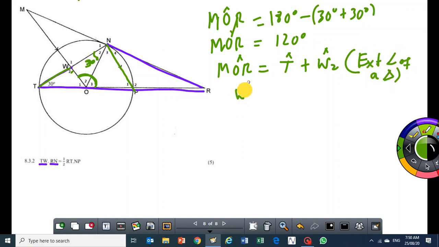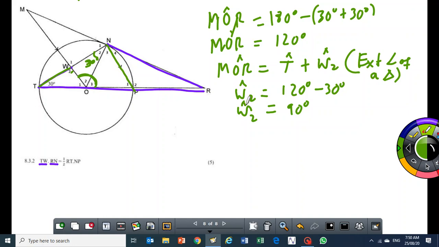So W2 is going to be equal to 120 minus 30 degrees, and that's equal to 90 degrees. Please, you cannot say that TW is equal to half of TN until you prove that W1 or W2 is 90 degrees, using Theorem 1.